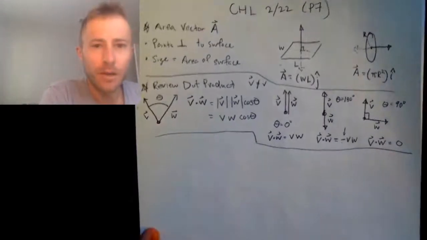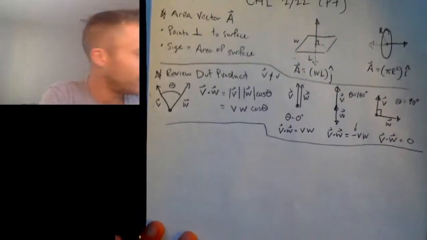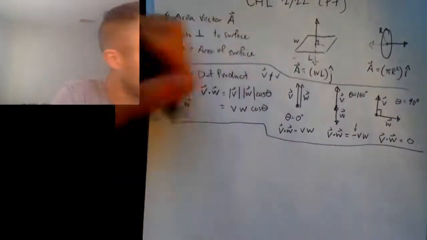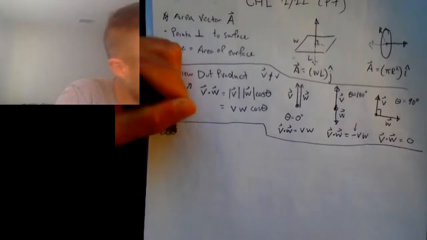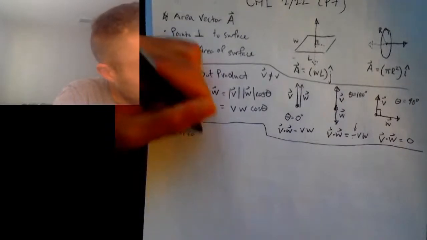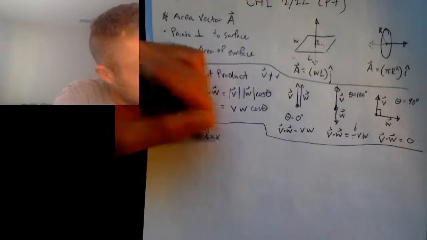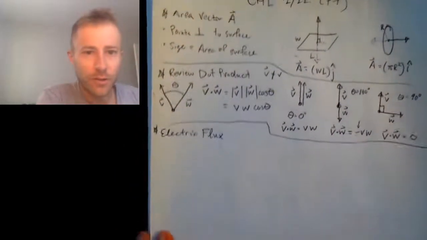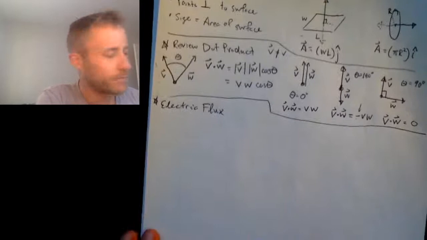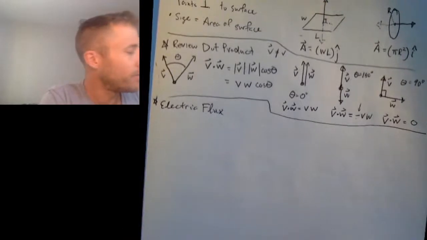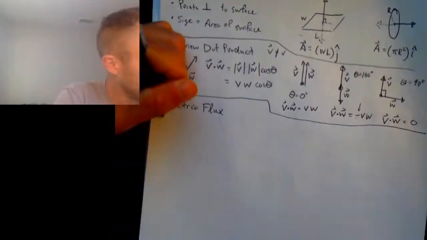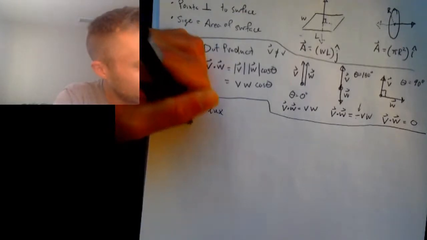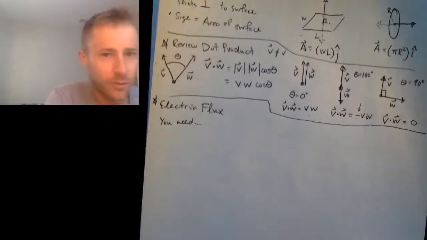So now what we will do is we will define the main topic for today, which is called the electric flux, also known as the flux of the electric field. So what you need is two things.